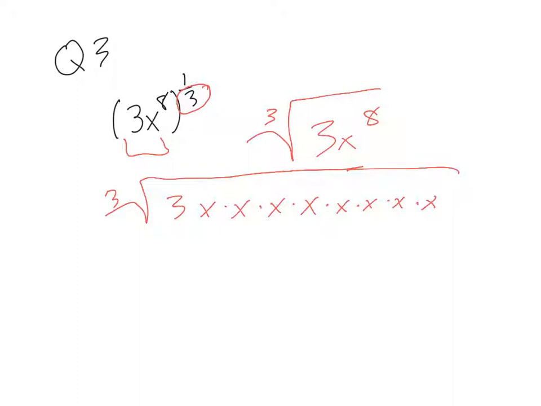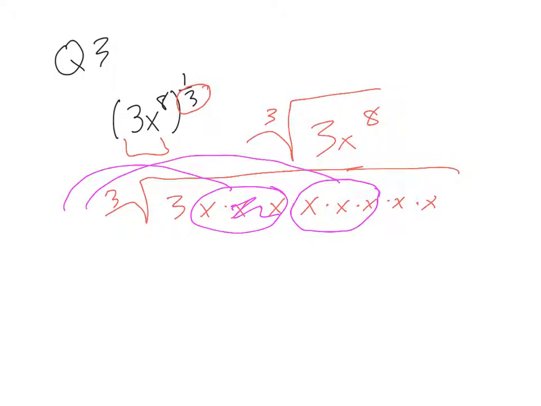Now, a cubed root means if we have 3 of something, then we can pull that out. So I see 3 x's here, so one can come out, and the other ones will disappear. I see 3 x's here, again I'll be able to bring one out, and the other 2 we can forget about.